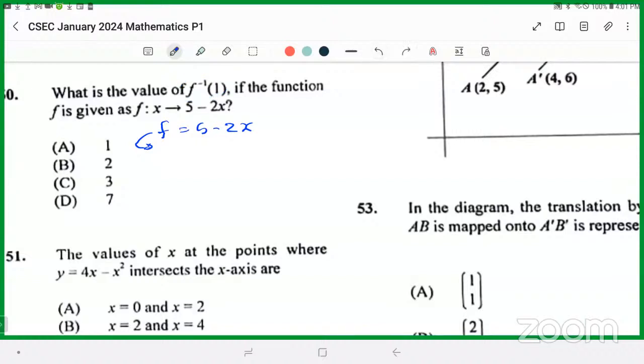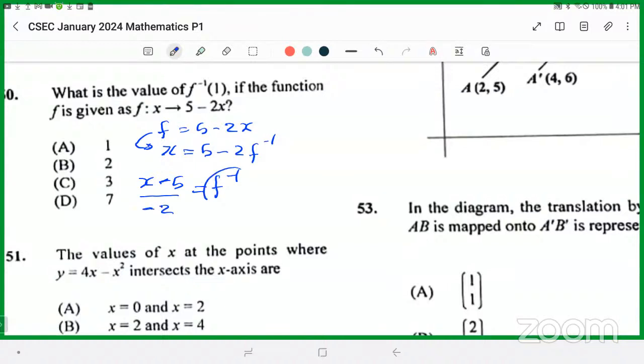So x becomes 5 minus 2 times f to the minus 1. We can make f to the minus 1 the subject, transpose the 5, and then divide by negative 2. So f to the minus 1 becomes x minus 5 over negative 2.